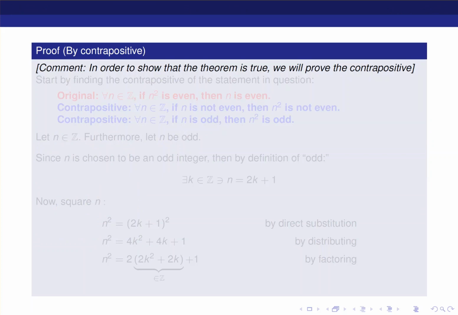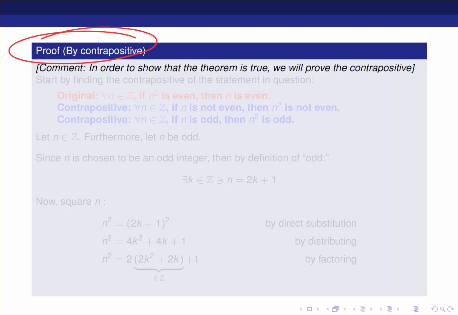So here's a proof for the statement that we're discussing. First of all, I'm going to write the words proof by contrapositive. Again, there are very subtle differences between proofs by contradiction and proofs by contrapositive, so I would like to mention that at the very start so that the person reading my proof can get into that mindset to know what to expect next.